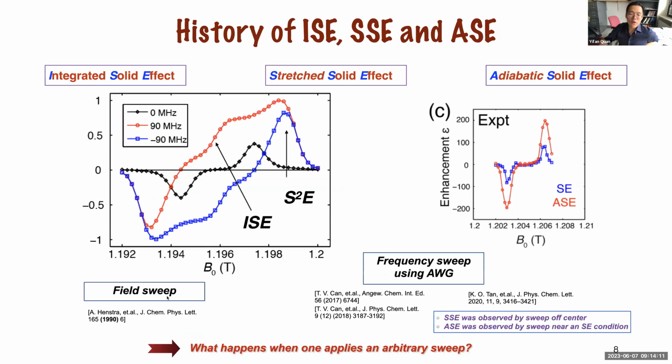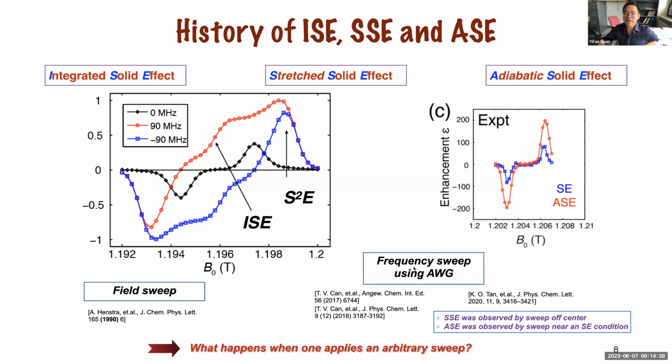At the time, people were doing ISE with field sweeps. But nowadays, with the advances of technology, these things can be done much more easily using an AWG, an arbitrary waveform generator, to apply just a simple frequency sweep. This actually makes life much easier to run experiments, just going through the frequency ranges, and you can measure a lot more points.